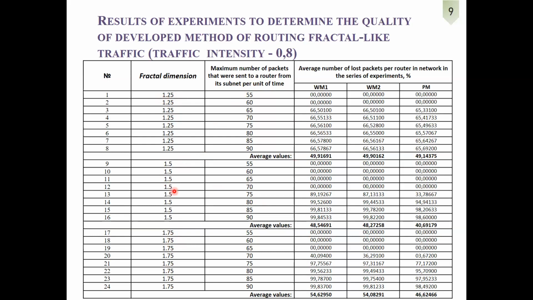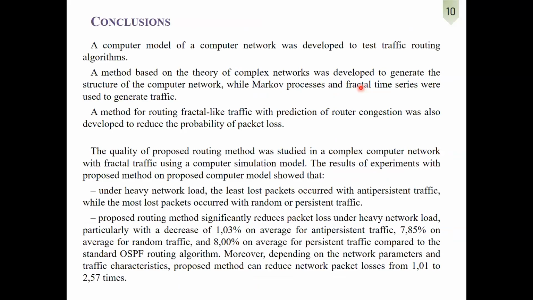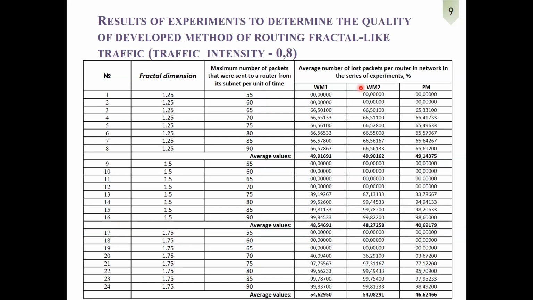The second, totally random, and the third, persistent, where a tendency may trend. And here we can see the methods. The first method is OSPF. The second, OSPF with prediction based on the moving average method, and our method based on fractal dimension of traffic.